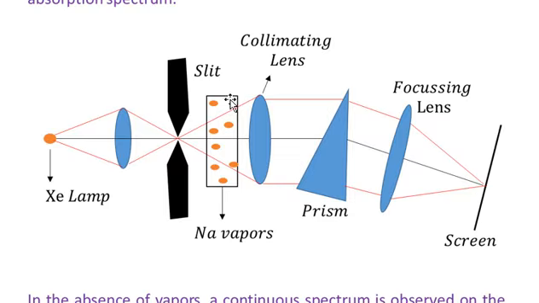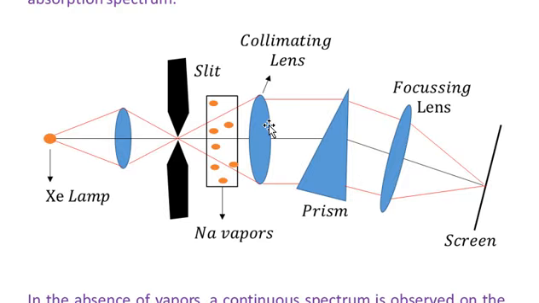Now what we are going to do is place a chamber that contains sodium vapors. So when the sodium vapors are placed over here, what will happen? The sodium vapors will absorb the light corresponding to the D1 line and D2 line, because these wavelengths will be absorbed by the sodium vapors and re-emitted in other directions, not necessarily in the direction of the beam which is going out of the collimating lens.